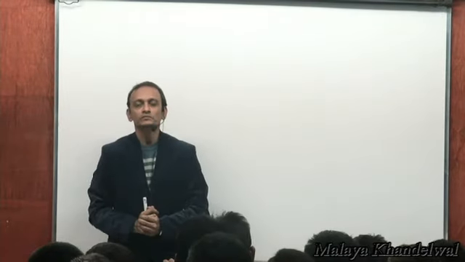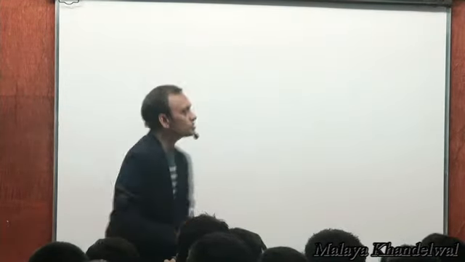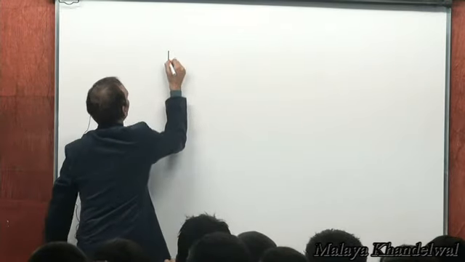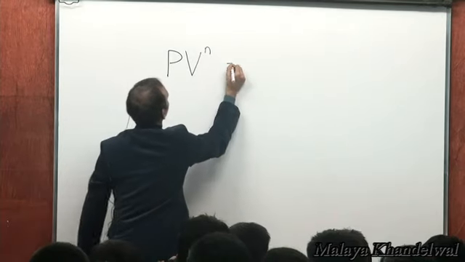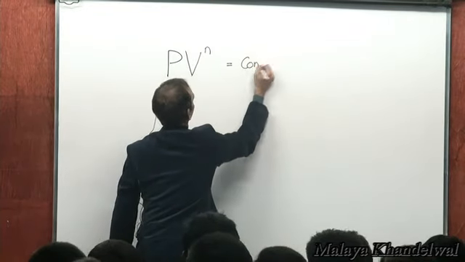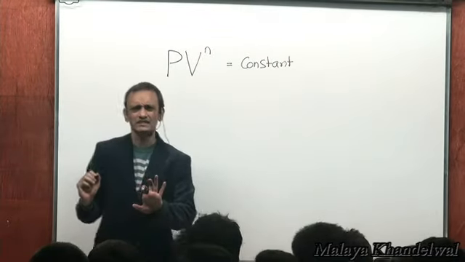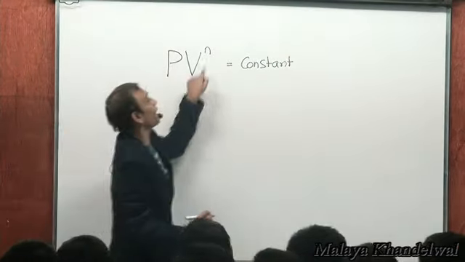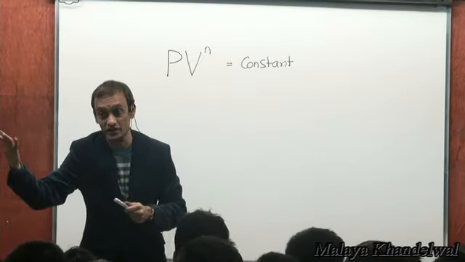Now, let me introduce to you yet another process, which is of the form PV to the power n equal to constant. Everything for an ideal gas by default. If n is gamma, then it's an adiabatic process, right?